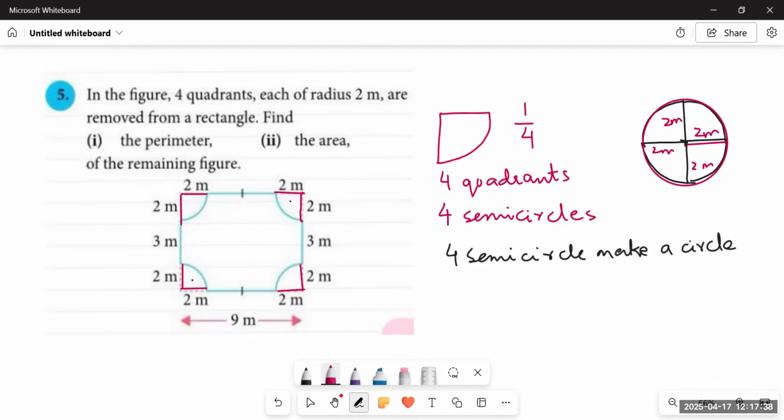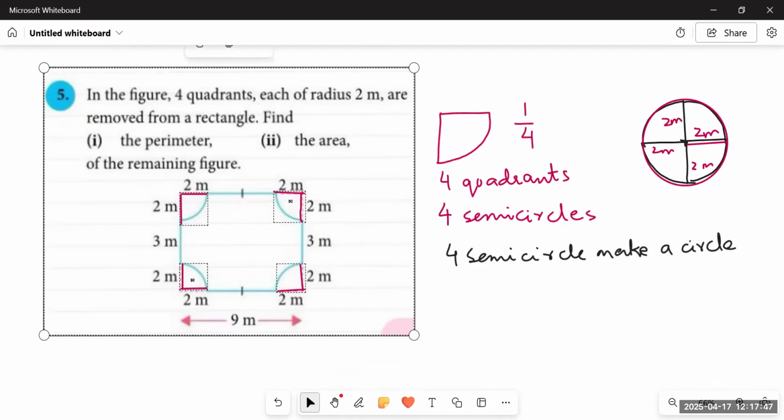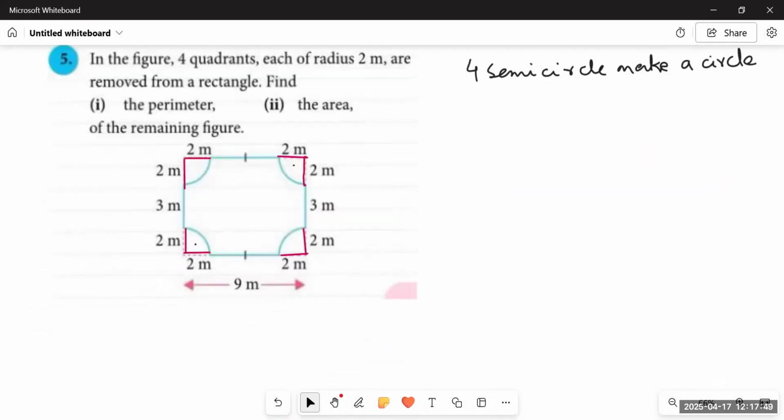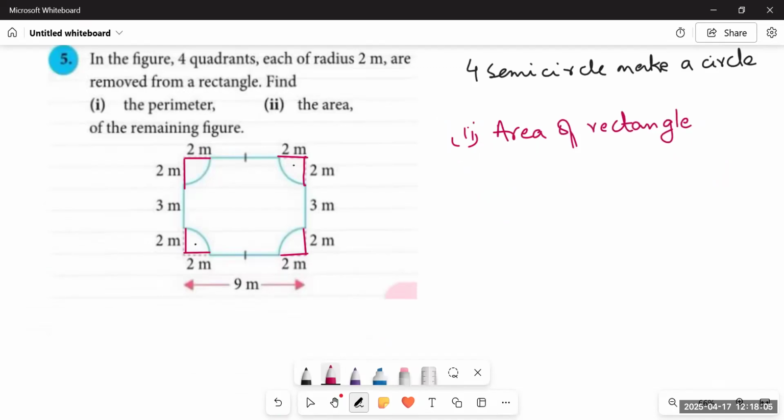So what is happening over here? Let us first understand that if we have to find out the area, let us first find out the area because it's easy. What do we have to do whenever some part of any given shape is removed? First, we will find the area of the complete figure. In this part, first we will find the area of a rectangle. And how can we find the area of the rectangle?